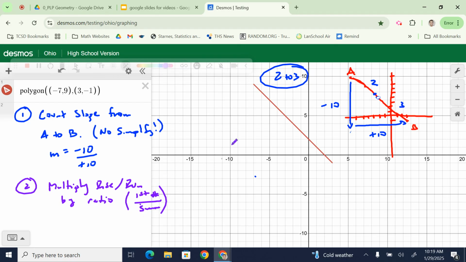In our problem, the first number is 2, and the sum of 2 and 3 is 5. We're going to take our rise and run and multiply them by 2/5.